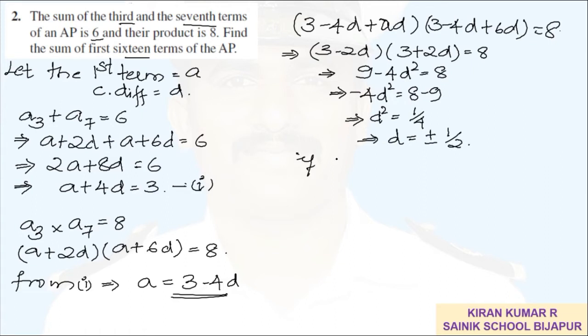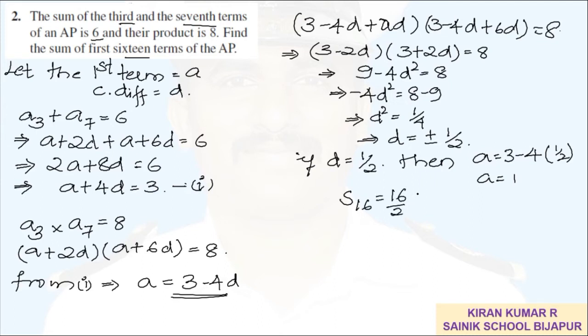If you consider the value of d to be positive 1 by 2, then a value will become 3 minus 4 times 1 by 2, a will be 1, and the sum of 16 terms will be 16 by 2 times 2a, which is 2 times 1, plus n minus 1, which is 15, multiplied by the common difference, positive 1 by 2.